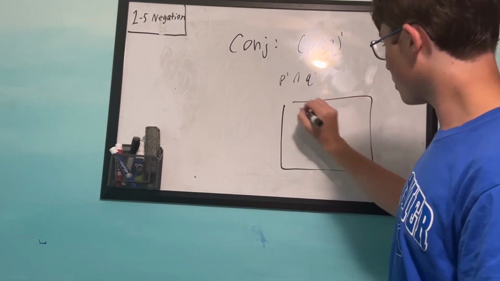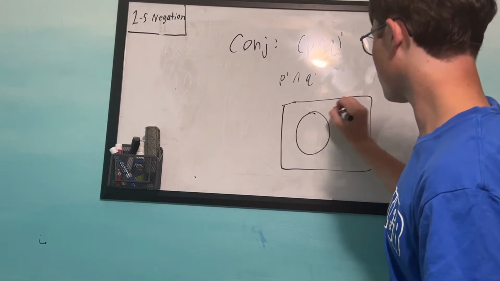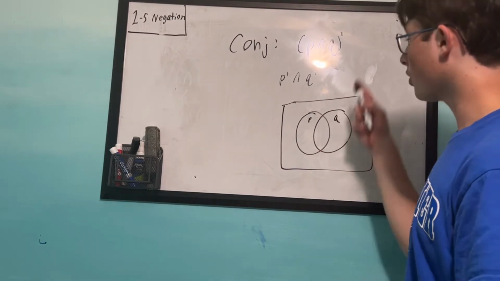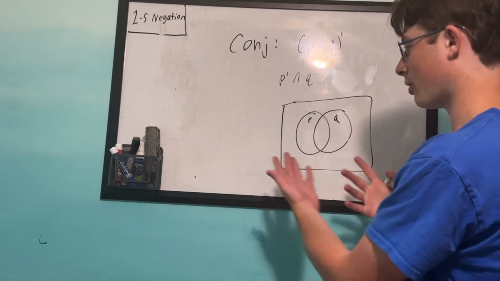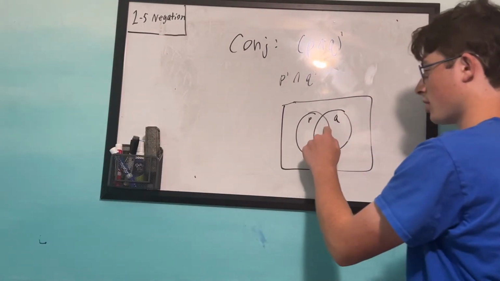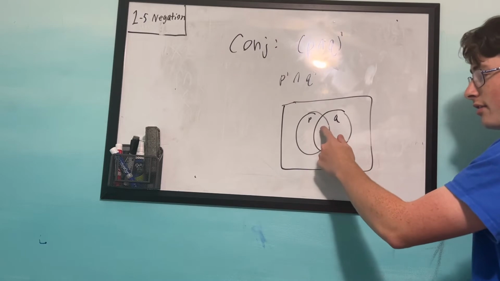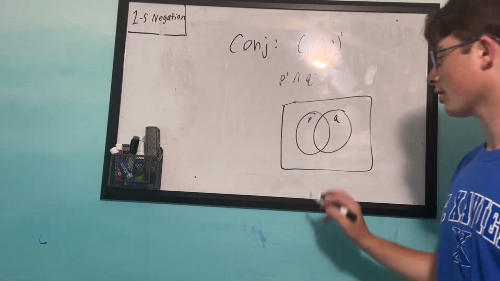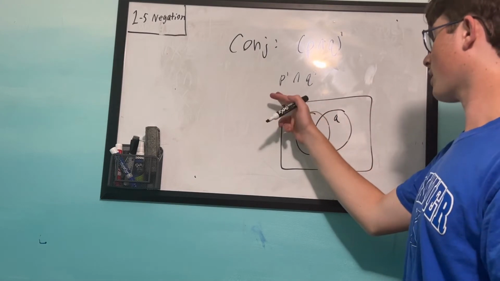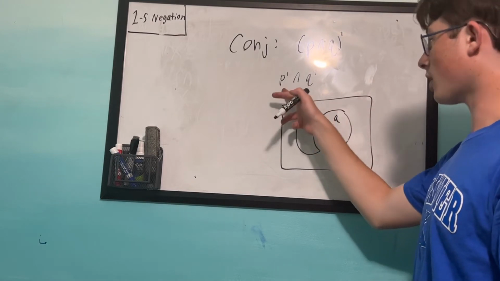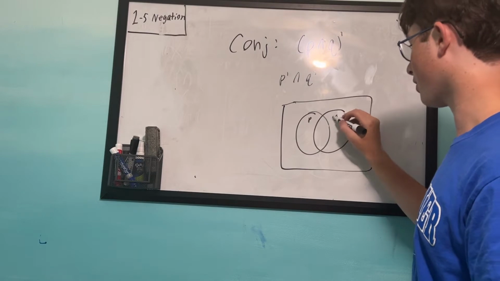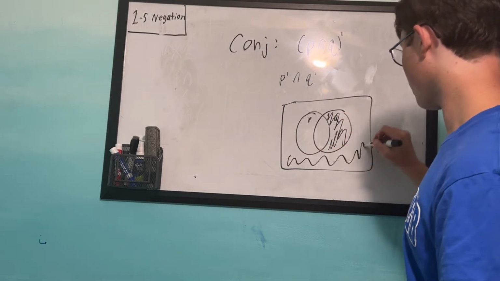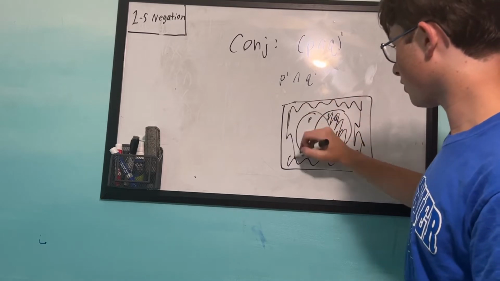P and Q. So first, not P and not Q, well, we would know this already to mean anything that's not inside the little intersection. But if we approach it this way, you can say, all right, highlight everything that is not in P. So we'd highlight all of Q over here, and we'd highlight all the stuff outside.